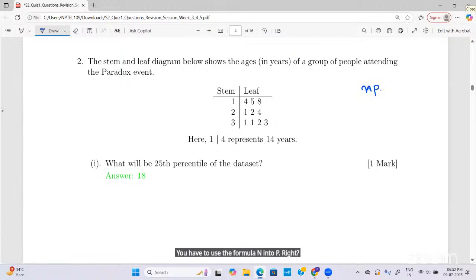If np is not an integer, we will increment it. So n is 10 and p is 0.25. Okay, first tell me how to interpret this stem and leaf plot. What are the observations in the data set? Ma'am, 31 is repeated twice.